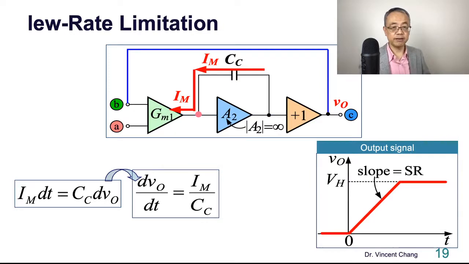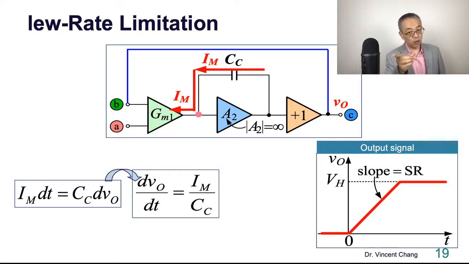And the slope is proportional to the current. Why do I use the variable capital IM? I just try to give you a signal that that's all I have.